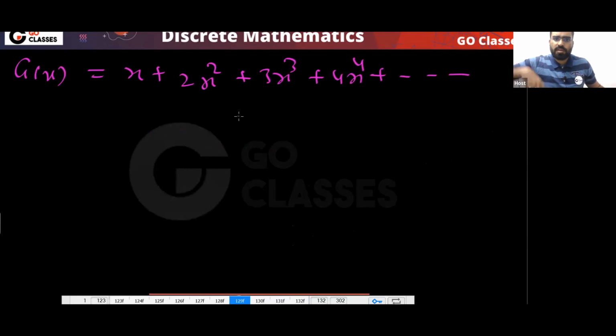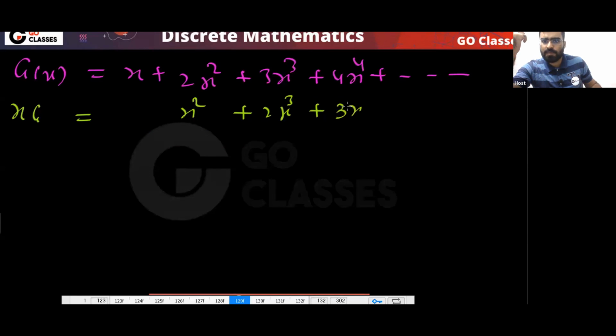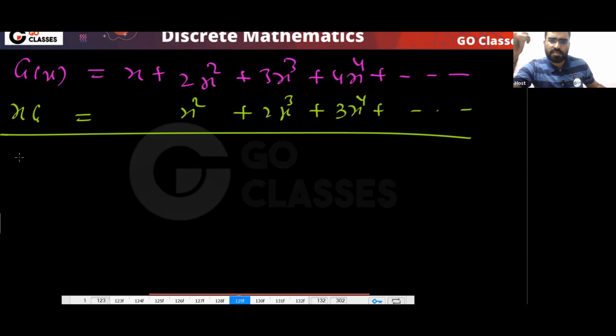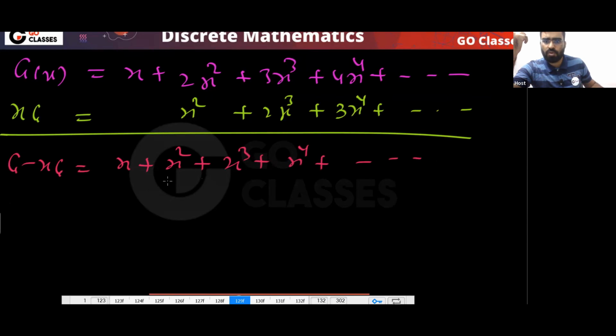Now you multiply with x and shift, so you get x square plus 2x cube plus 3x power 4, and so on. Then you subtract: g minus xg equals x plus x square plus x cube plus x power 4, and so on.